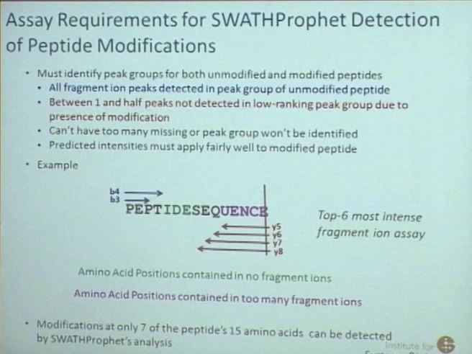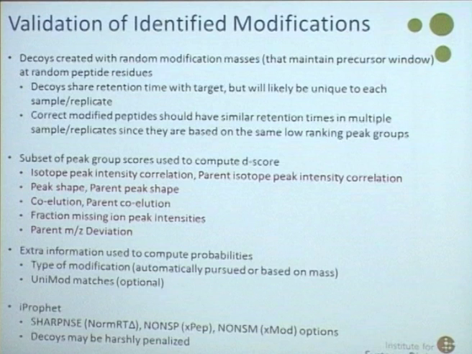So that's where the difficulty is, that you can't get accurate sight of the modification, but you can infer at least of where it is based on this approach. We're able to create decoys now on the fly, and then to calculate the probability based on the information that we have, and correct for modified peptides that have similar retention times in multiple samples and replicates.